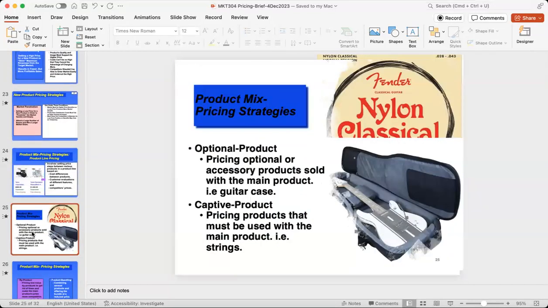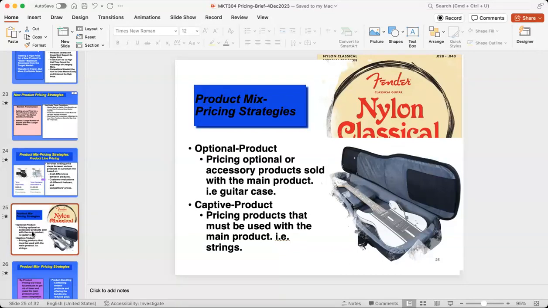Then you also have the optional product pricing, which means that you will be making money from accessories that go with the product. So you're selling a guitar for $200, and it's a really good guitar. However, it does not have a bag, and the cords are okay quality, but they're not great.